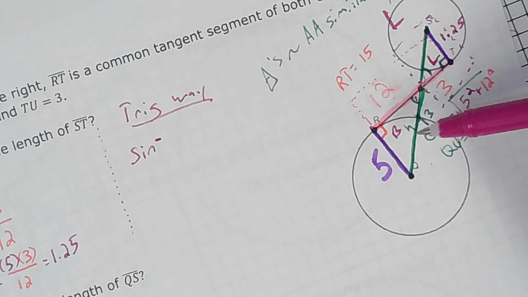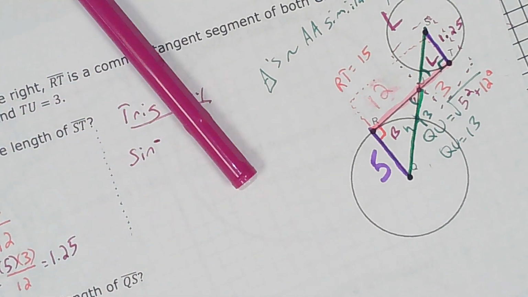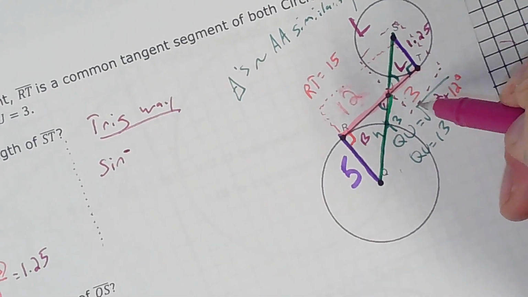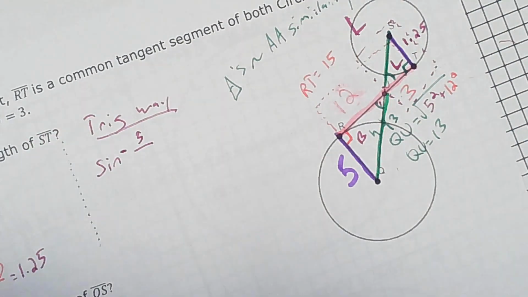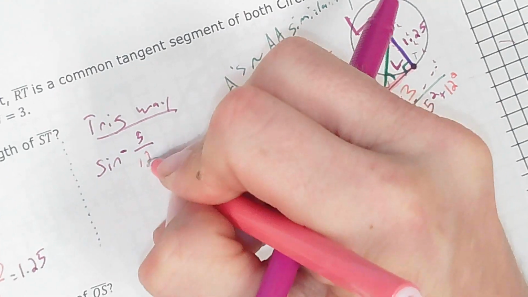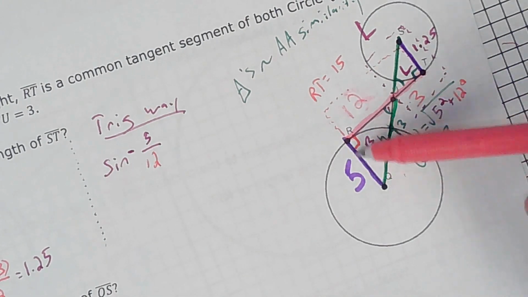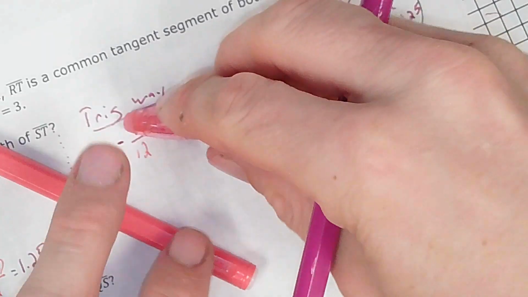So the opposite line segment for this one is going to be 5 divided by 12, which is less than 1. Oh, that's wrong. Sorry. Oops. I almost messed it up.